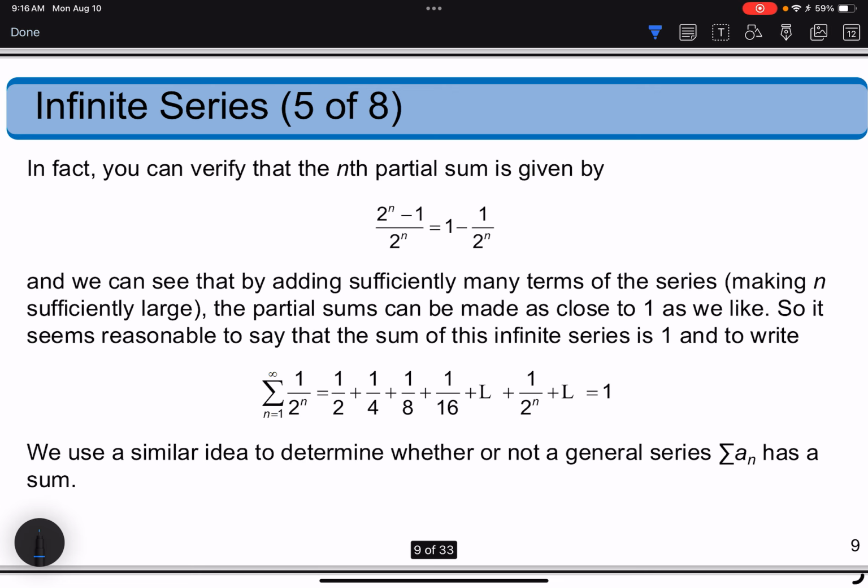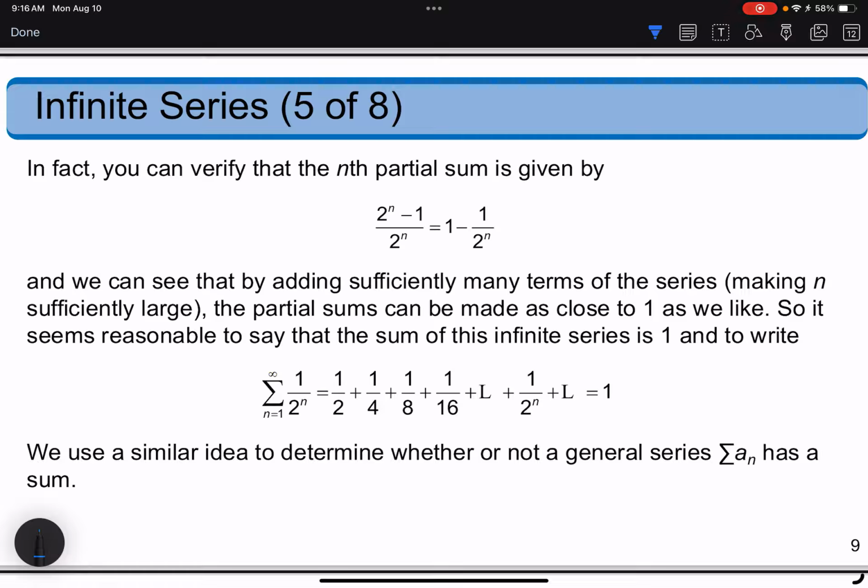In fact, you can verify that the nth partial sum is given by 2 raised to n minus 1 over 2 raised to n, which is equal to 1 minus 1 over 2 raised to n. By adding sufficiently many terms of the series, making n sufficiently large, the partial sums can be made as close to 1 as we like.